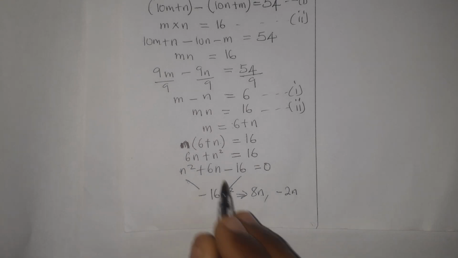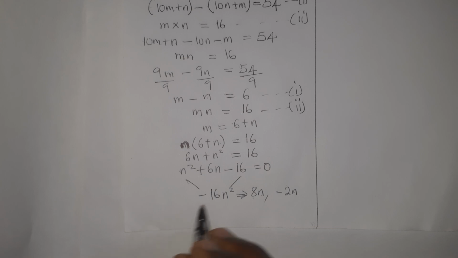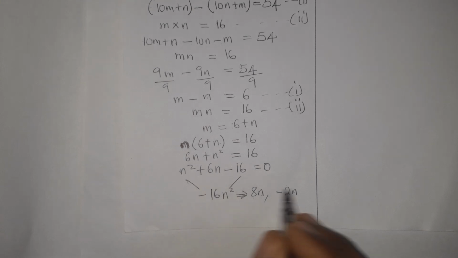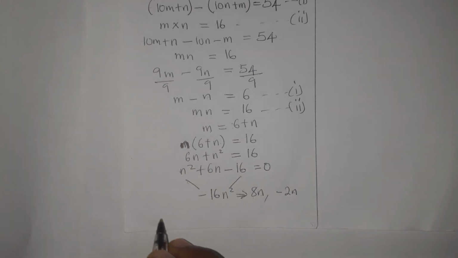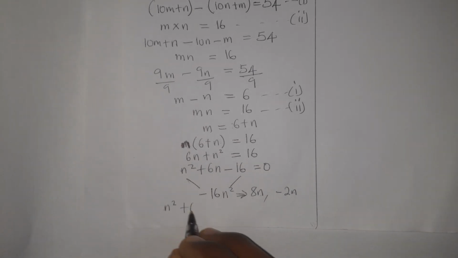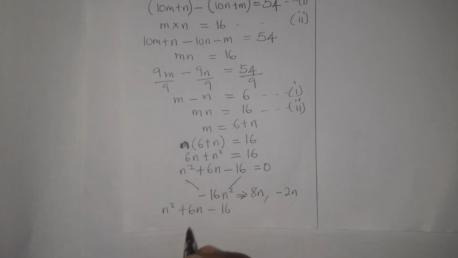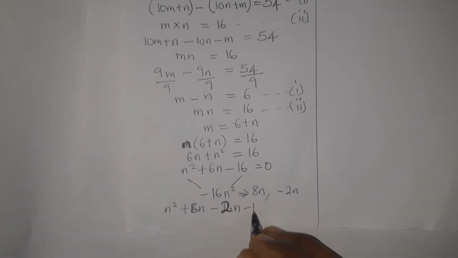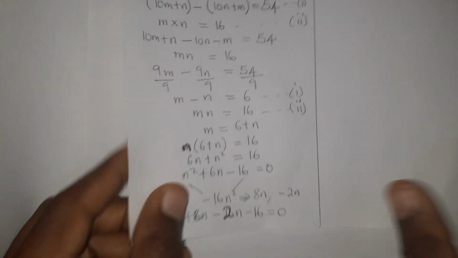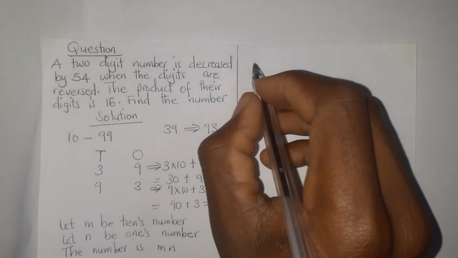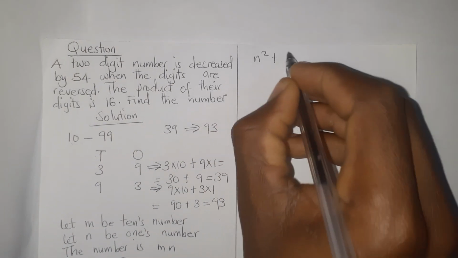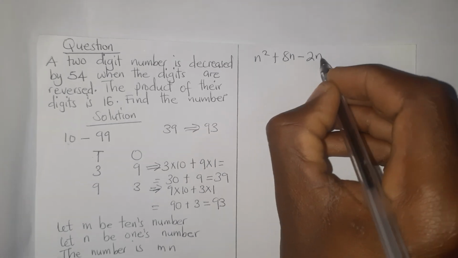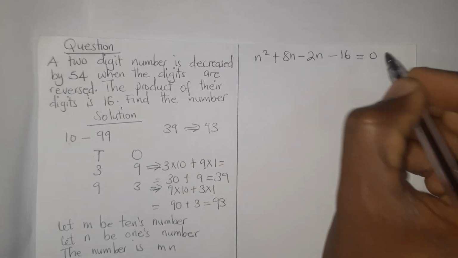Now after that we replace the middle term with these factors. So replacing the middle term, we have n square plus 8n minus 2n minus 16 is equal to 0.